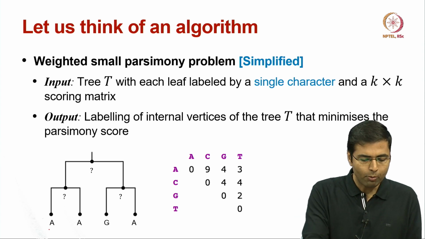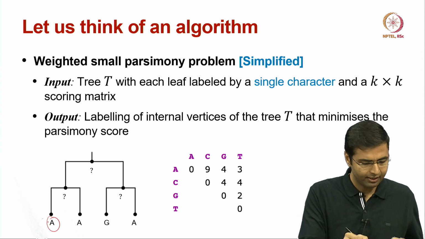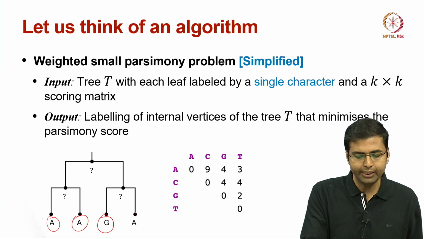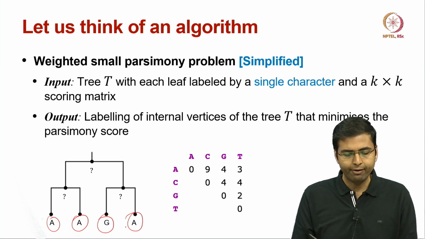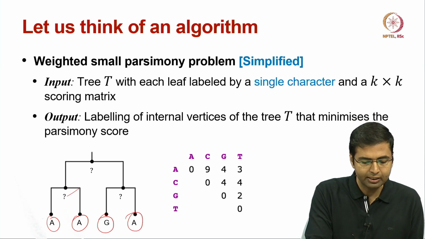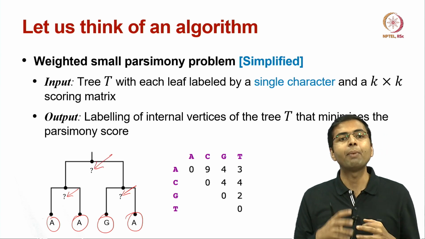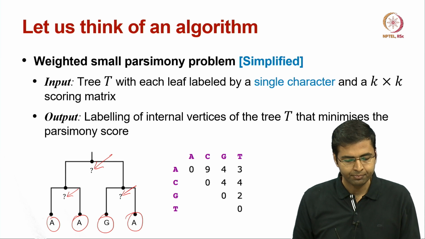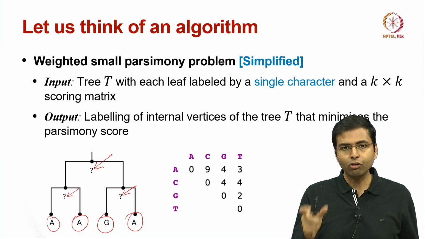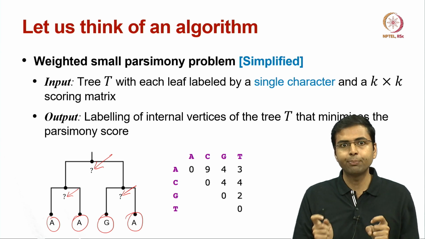So, now the problem is simplified because we have only a single character on each leaf node and all we have to find is what state should be assigned to these internal vertices so that the parsimony score is minimized. Again, we have still not solved the problem, we have just managed to simplify it for now.